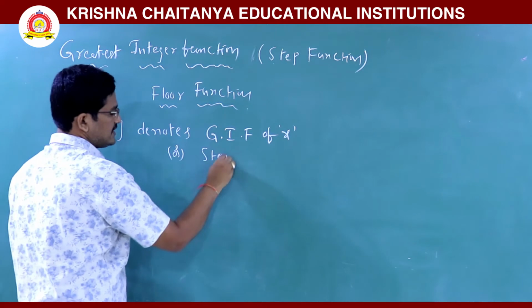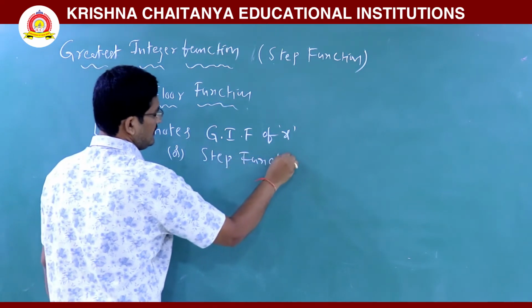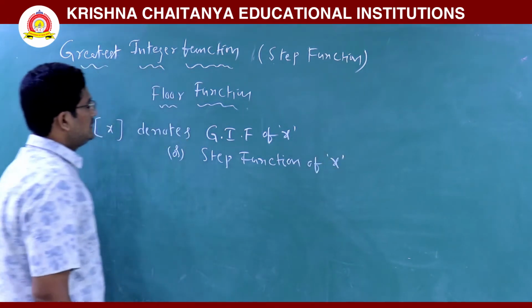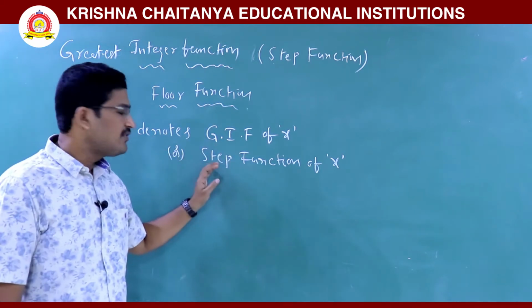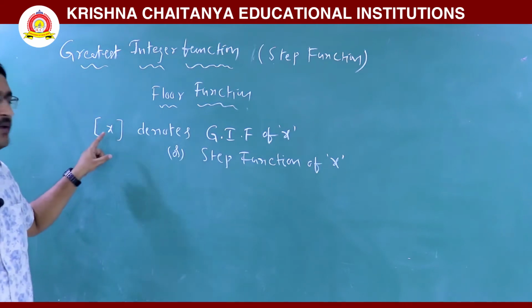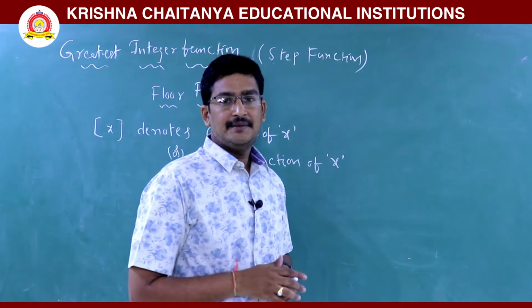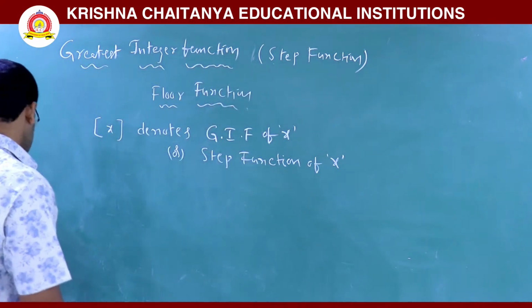Suppose the x value is 2.3, then you have to read that as step of 2.3. You have to read it like that.